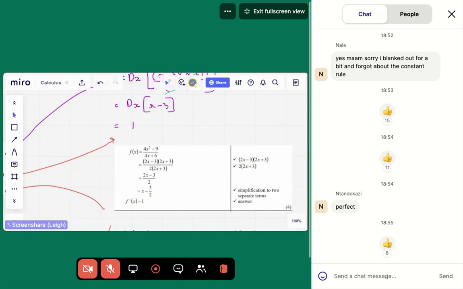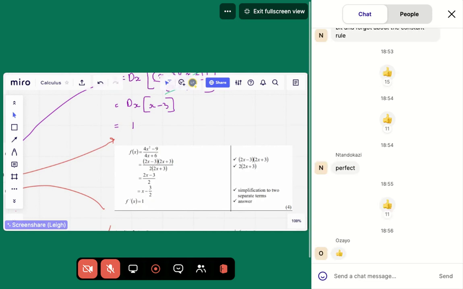Okay, so who tried the second question and got it right? Maybe we're so happy. Maybe you can give yourself a little party symbol with a little hat, or you can do a thumbs up. Okay, so 11 thumbs ups now. Zaya's got a thumbs up. Excellent. Well done.